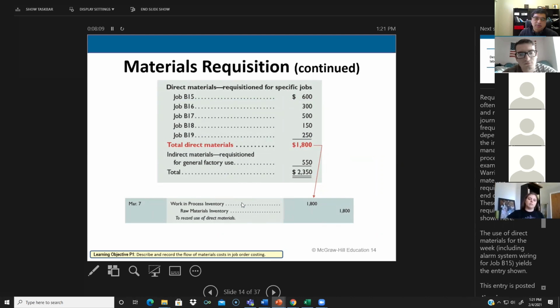Same thing for labor, direct labor. So first is material requisition, direct material has been requisitioned. It is being accumulated in work in process, and raw material inventory is credited. Any question on this entry, please?